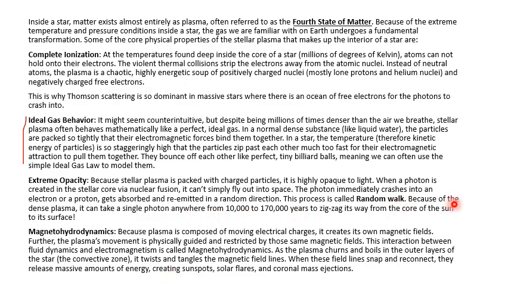So what we see is that because of this dense plasma and this random walk, this single photon that came out from the fusion takes anywhere around 10,000 to even 170,000 years to zigzag its way from the core of the star to its surface.